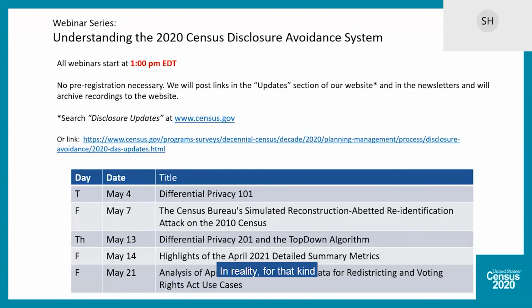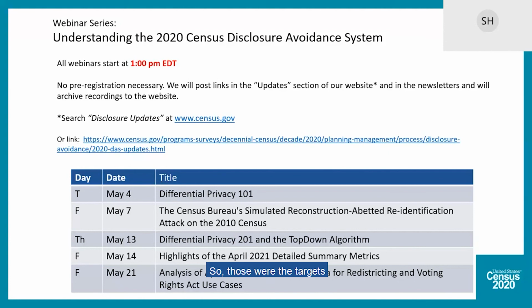In reality, for that size level, we ended up hitting those targets 99.5% of the time, so 99.52% of the time for off-spine places and other off-spine entities. And then as the population size gets larger, those with larger populations actually perform even better against those standards.